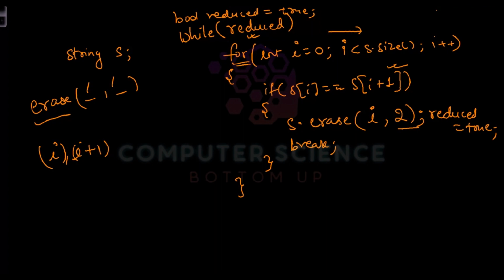The first statement in the while loop, before the for loop itself, I set reduce = false.